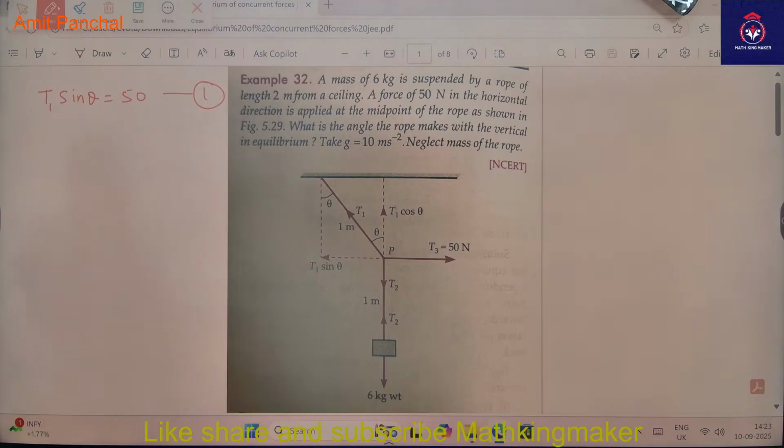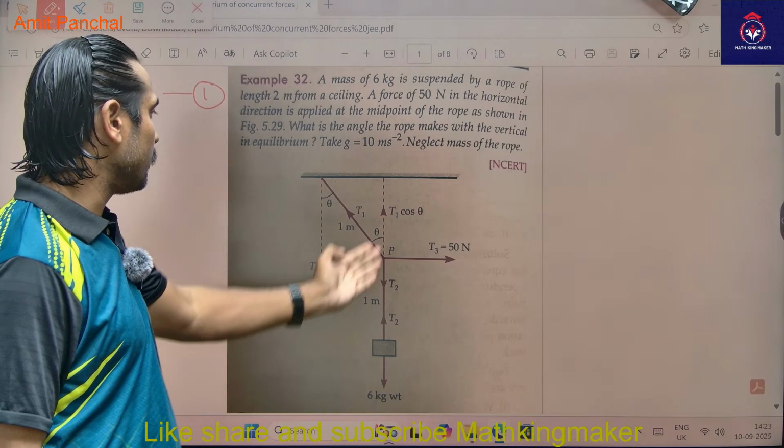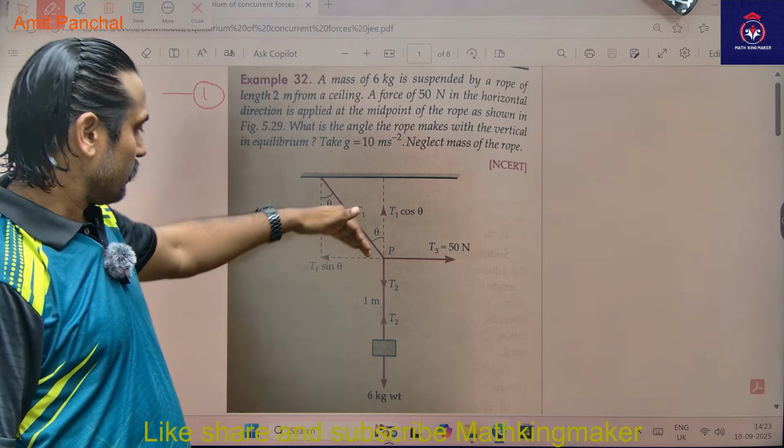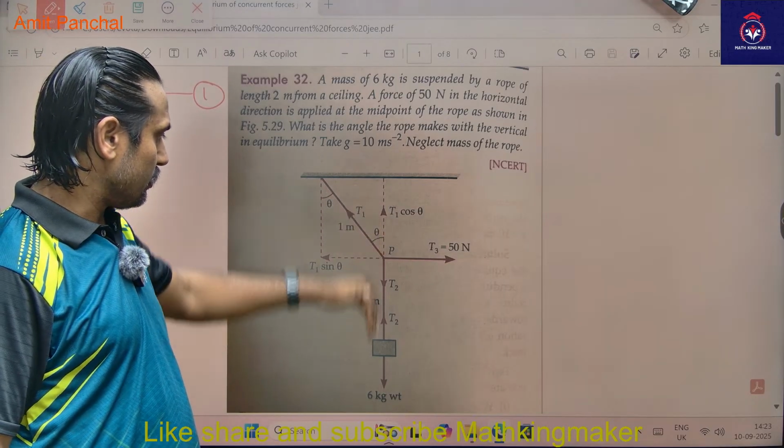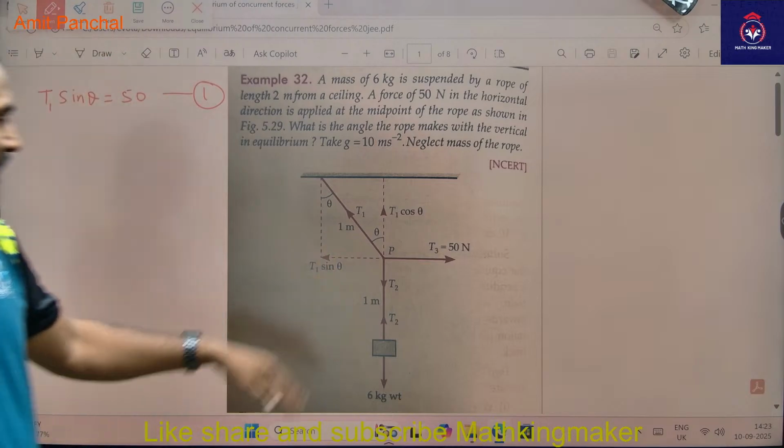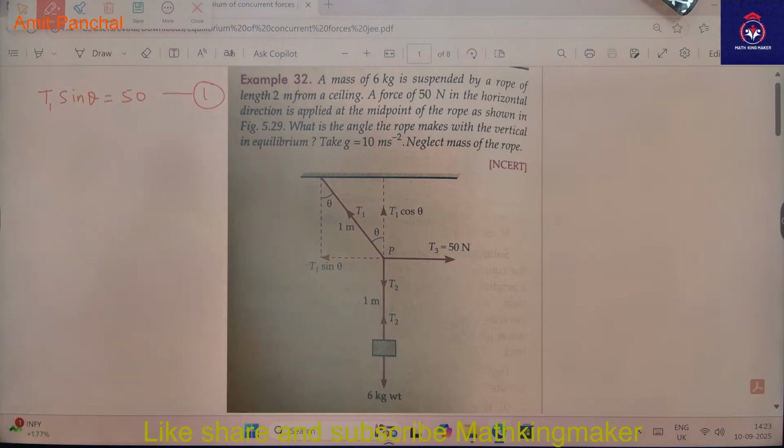Now what is balancing T1 cos theta? T1 cos theta is upward, and T2 and your weight are there. What's the answer for this, sir? T1 cos theta will balance... will it be 50?